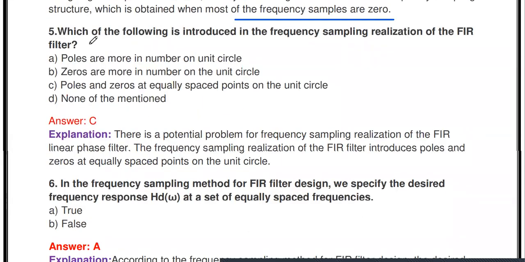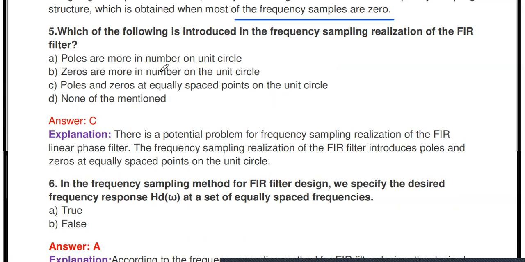The next one: which of the following is introduced in frequency sampling realization of FIR filter? Poles are more in number on the unit circle. Zeros are more in number on the unit circle. Poles and zeros at equally spaced points on the unit circle.